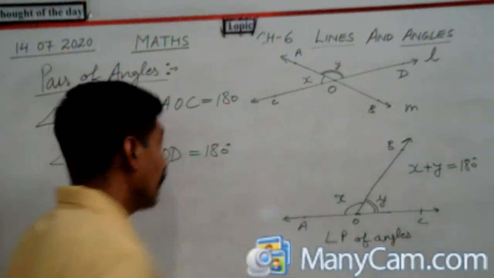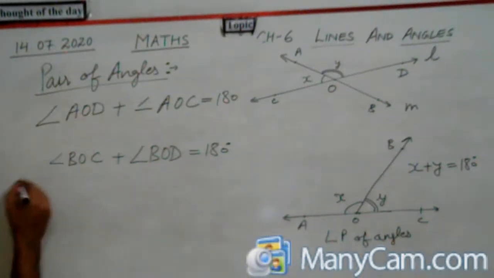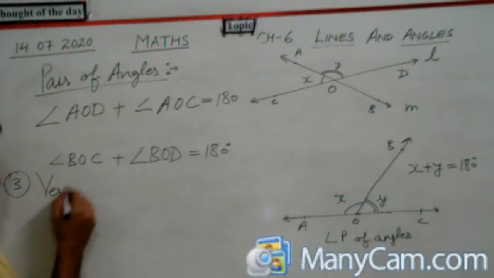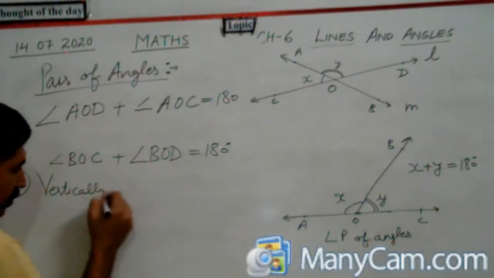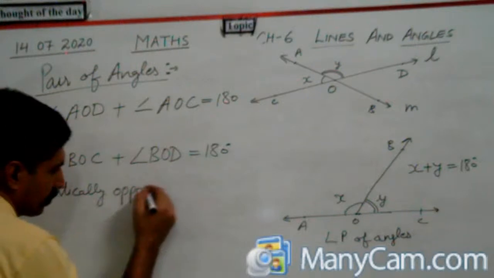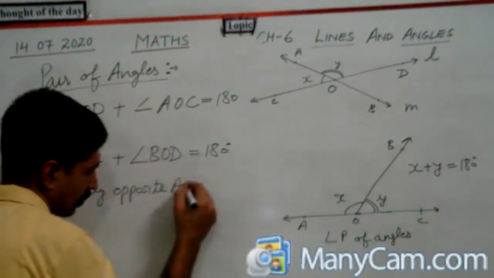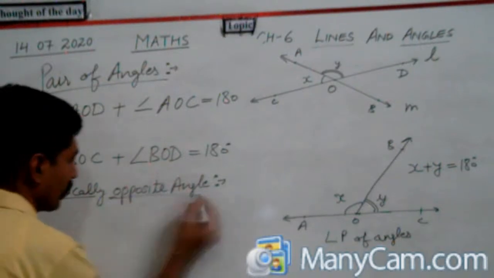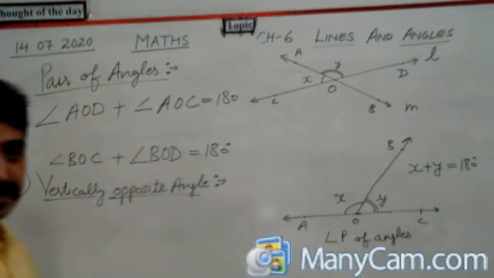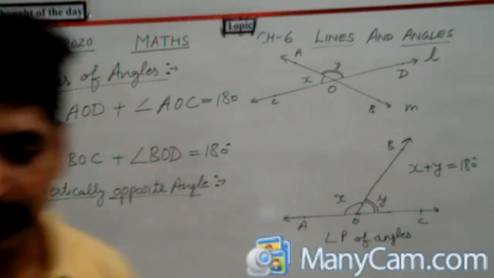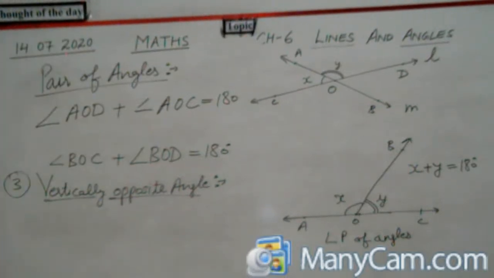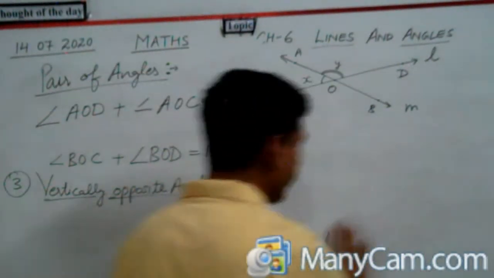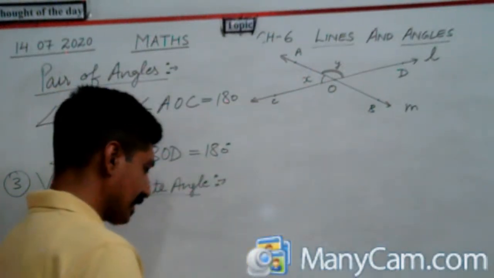Now the third, that is the vertically opposite angles. In very layman language, we have studied in grade 9, grade 8 also, when we have two intersecting lines, right?